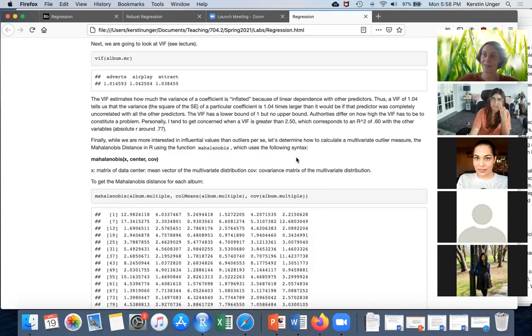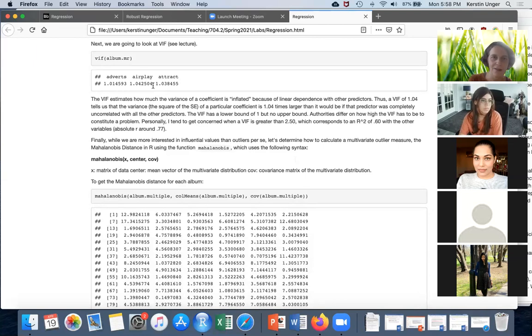So by what factor is it multiplied, as opposed to if you would exclude this highly correlated other predictor, or these other predictors, from your model? It can be more than one. So by how many times would your standard error estimate be reduced for this particular predictor? That's what the VIF tests.